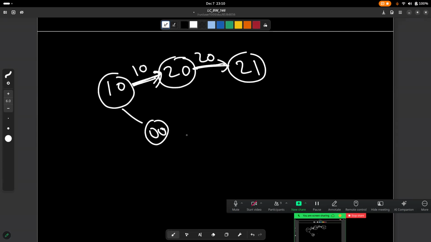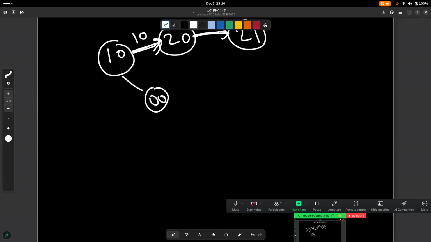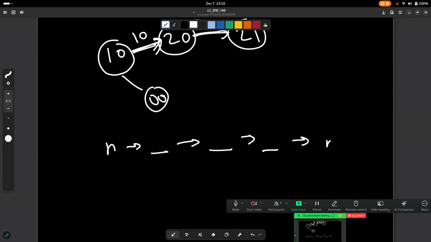Why do I assign a cost of 10 to going from 10 to 20? You have to convert n to something, then you have to keep on converting these things all the way up to the point where you reach the value of m. And finally, you have to add up all these things.